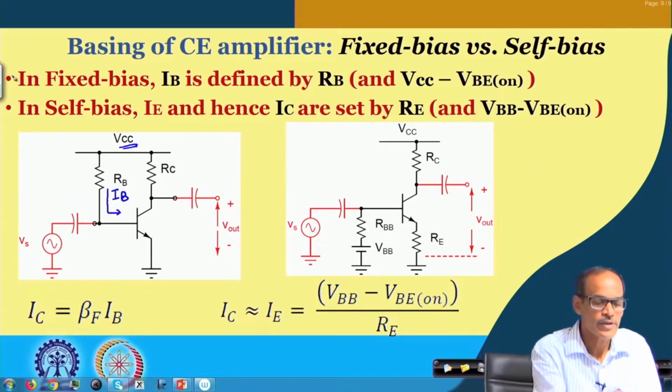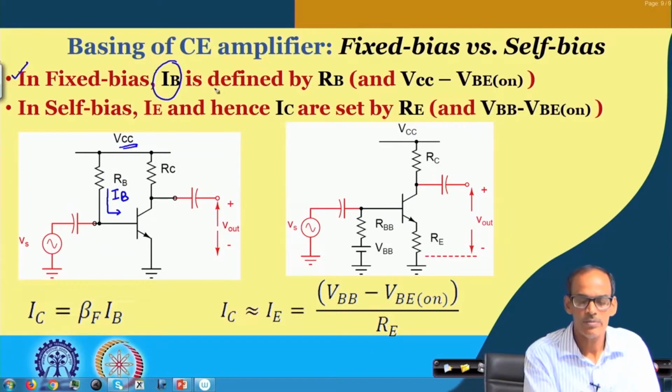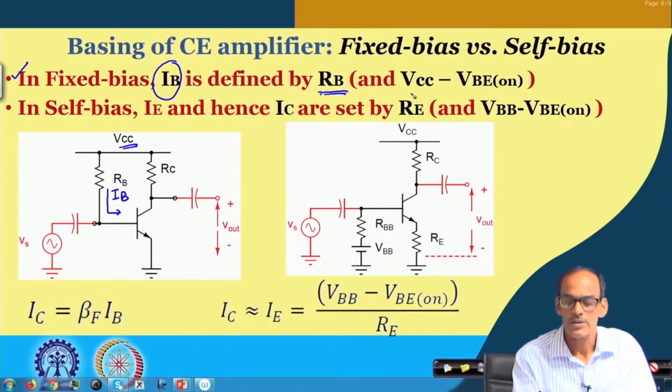So, in the fixed bias circuit the base current is well defined by the base resistor RB and the supply voltage minus the base to emitter diode on voltage.